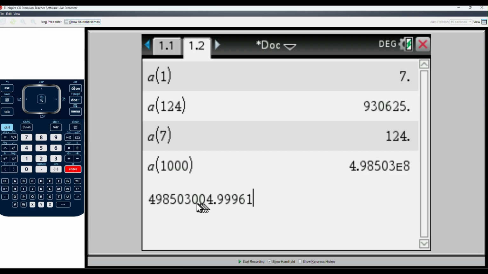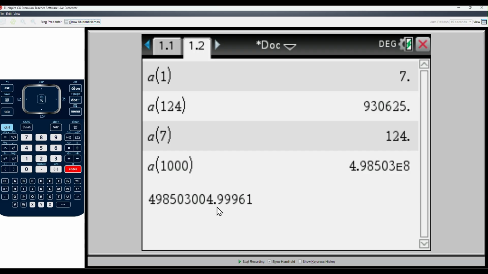So we have 498,503,005. So that's our answer. And notice I did round up the 0.999.